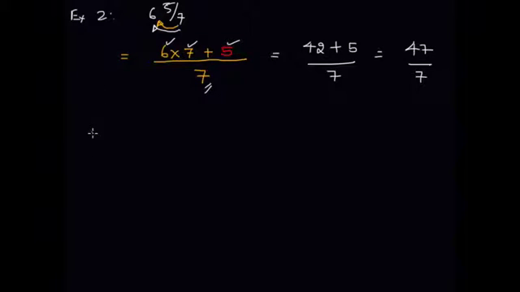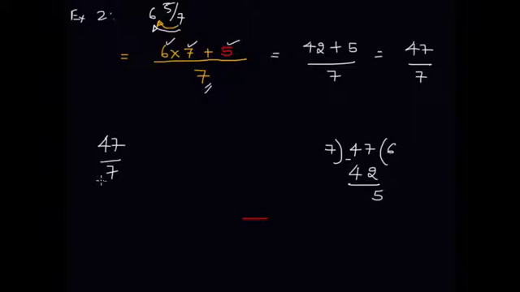If you want to verify whether this is right or not, as we did in the first part, if you want to convert 47 by 7, which is an improper fraction, back to a mixed fraction, you could just cross check by dividing 47 by 7. So the closest one here is 6 times gives you 42, subtract it, 5. So how would you write this?